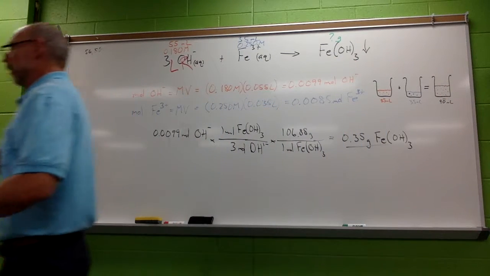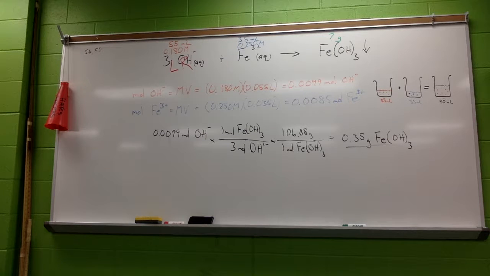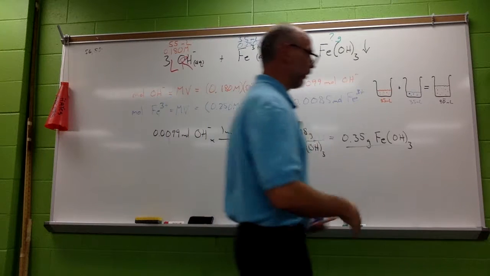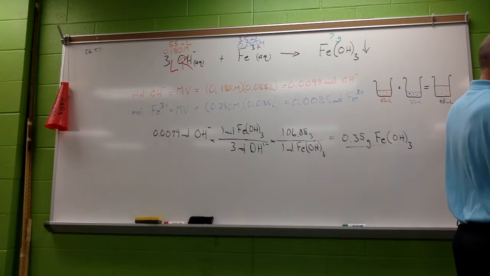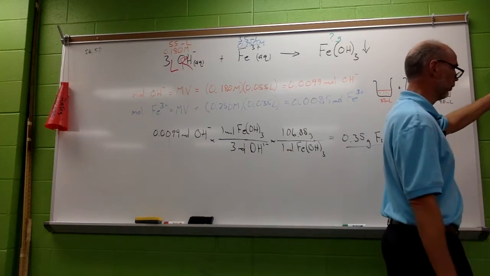So the same number of particles are still present. They're just each in a bigger space. Okay? Now, this is where things start deviating from the actual question that we have up here.